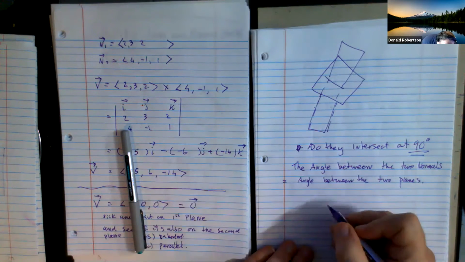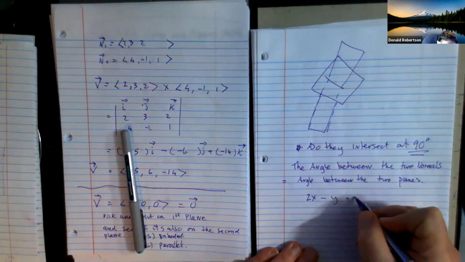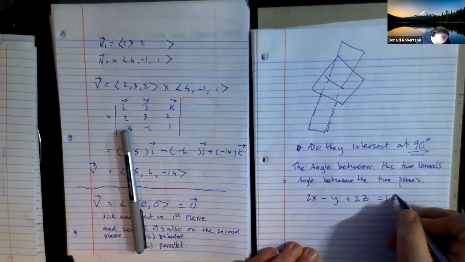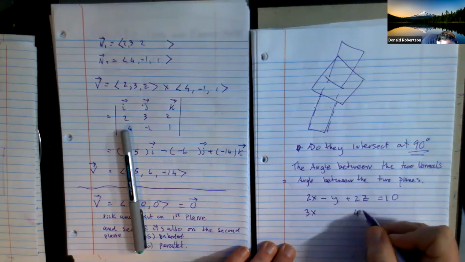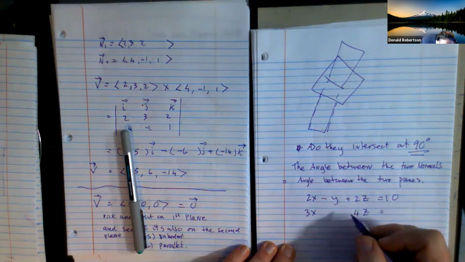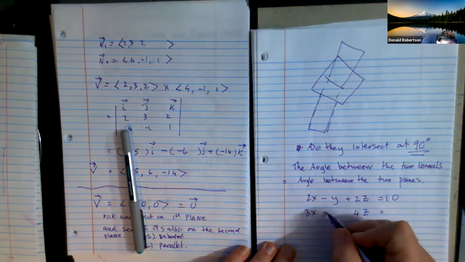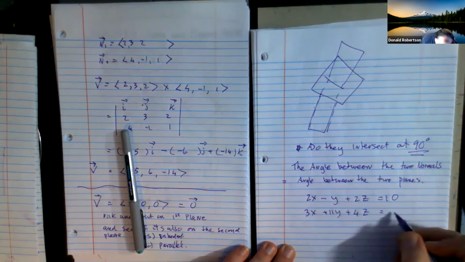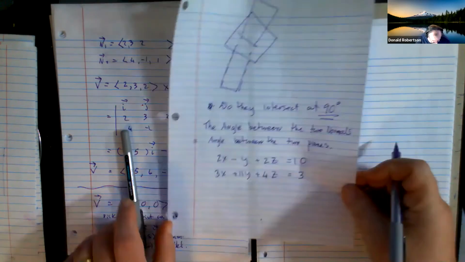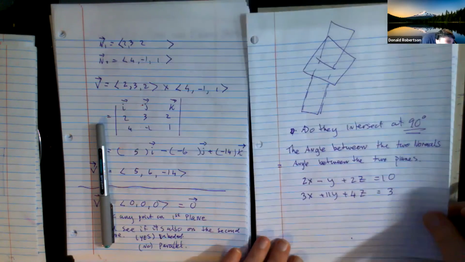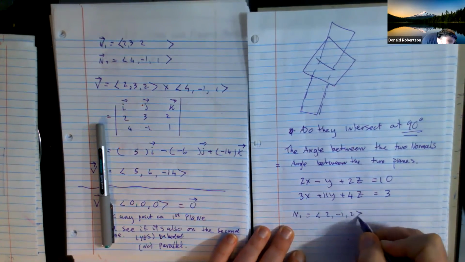So let's pick some planes. There's my first plane. There's my second plane. And I want to know at what angle they intersect. The first normal is 2, -1, 2.